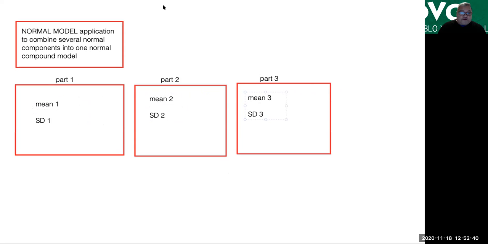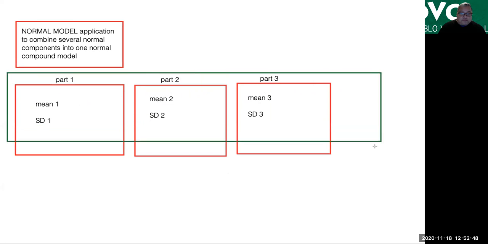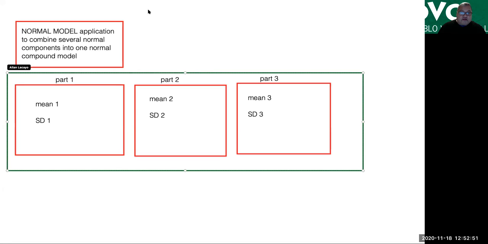And so the first thing to do is to combine all these ingredients into a single model, and that model is called a compound model.